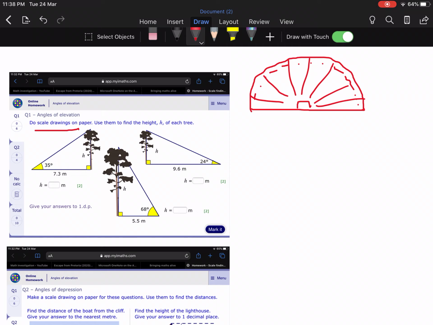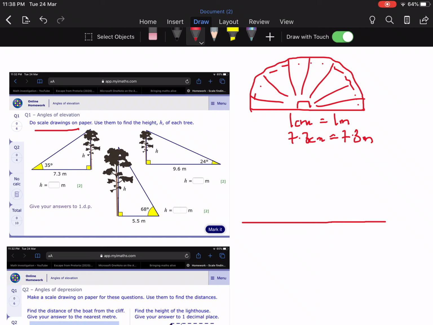So what I'm going to say is that 1 centimeter of my ruler is equal to 1 meter. So that means that 7.3 centimeters is the same as 7.3 meters.